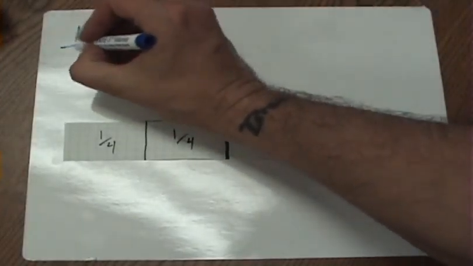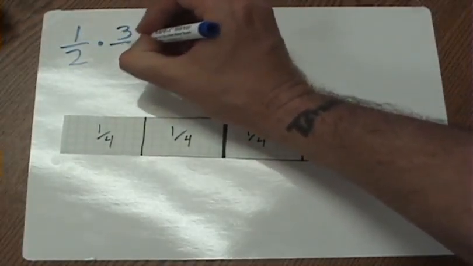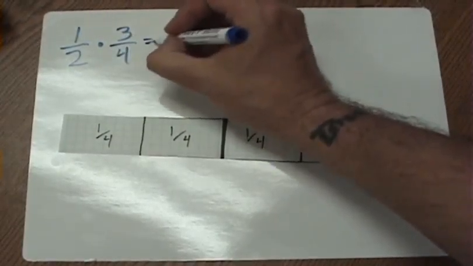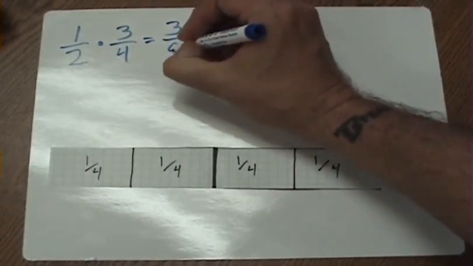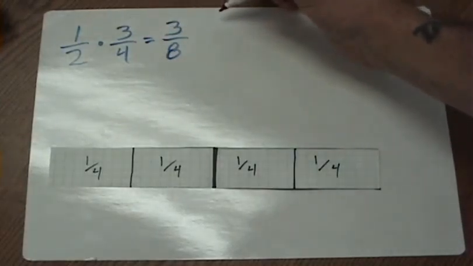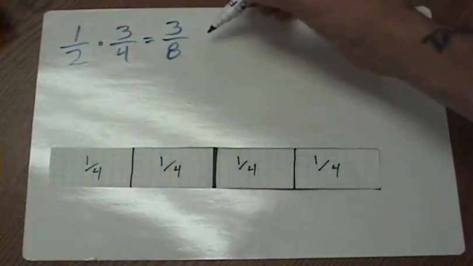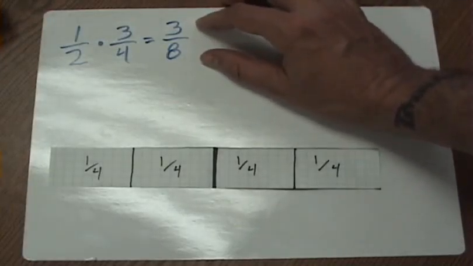The next thing that we want to do is model that 1/2 of 3/4 is equal to 3/8. I explained in the last video that if you just multiply the numerators across and the denominators across, you should get 3/8, and this is in lowest form.